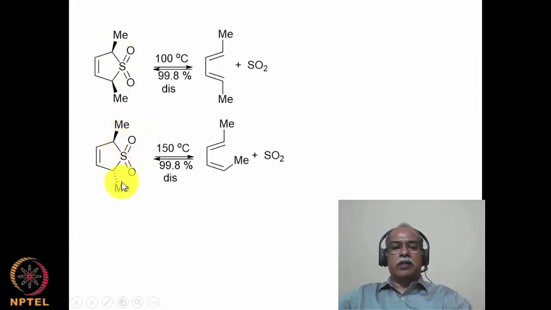If you take the other diastereoisomer, namely the trans-dimethyl substituted sulfolene, it undergoes decomposition at a higher temperature. Again, in a highly stereoselective manner, it produces the EZ isomer of hexa-2,4-diene. When it is treated with sulfur dioxide, the reverse reaction takes place, resulting in the formation of the trans isomer. In all these cases, this is a disrotatory process that is allowed, and that is what happens in this particular case.